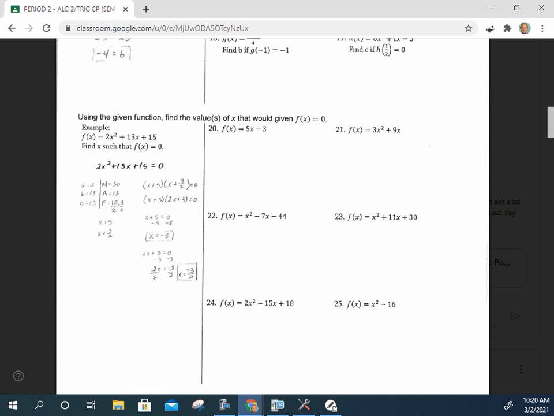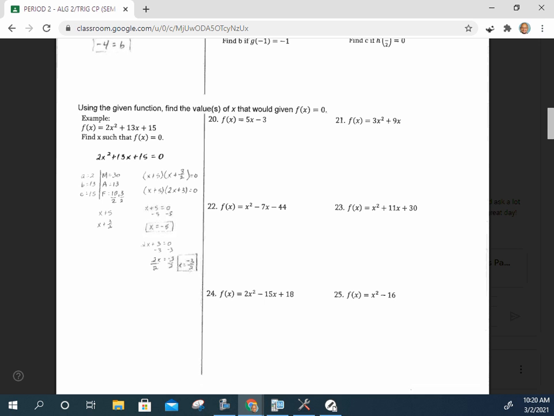And then the bottom part, find the values of x that would give you f of x equal to 0. So that means take the function, set it equal to 0, and solve it. So the example I gave you is an example of factoring. So pretty much every problem is going to use factoring except for problem 20.